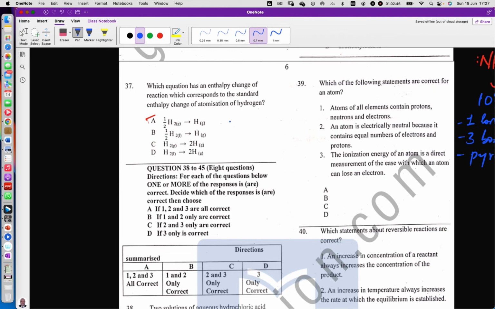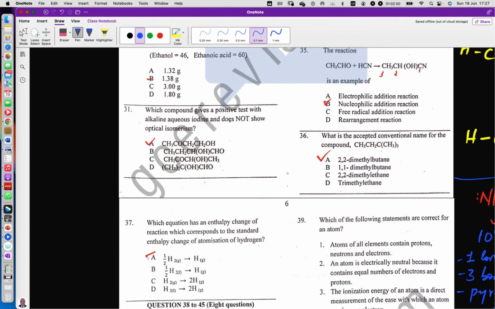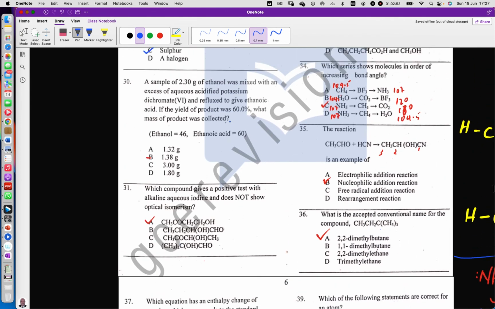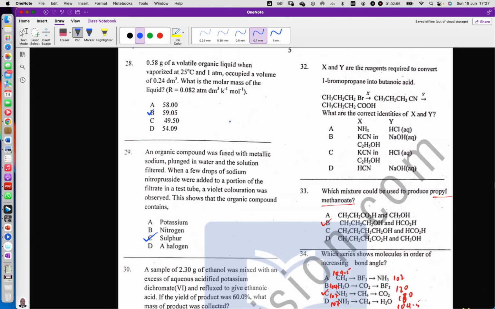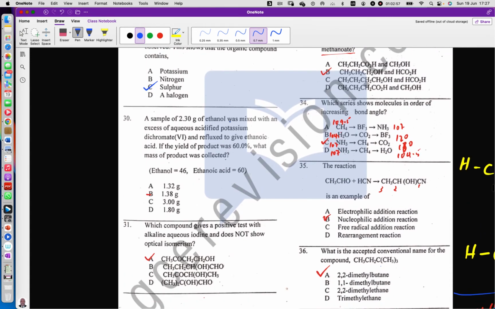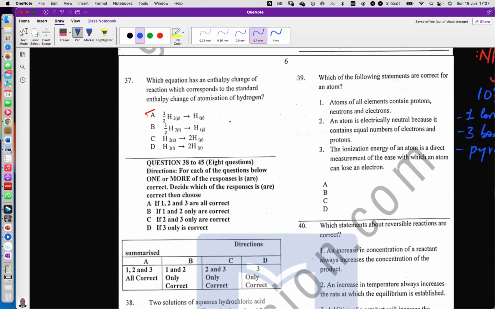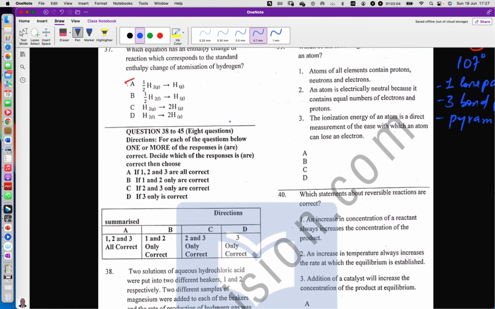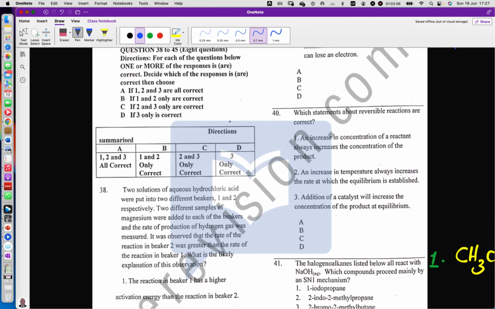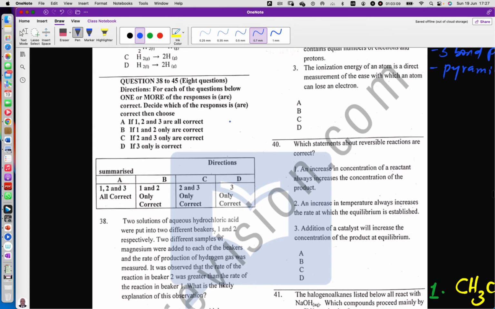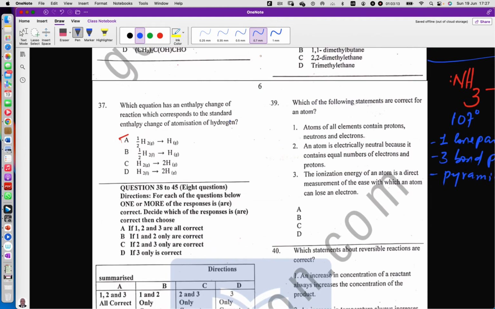So now you see that statement 1 is right. According to the atomic structure, an atom contains the proton, neutron, and electrons. 1 is right.